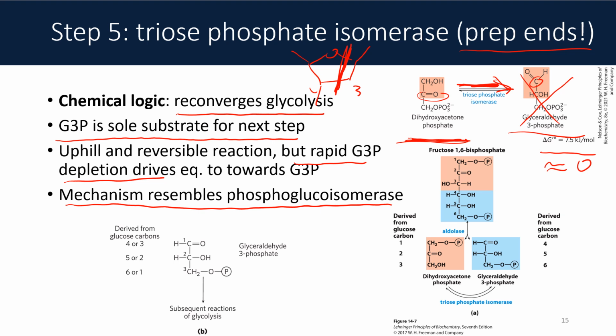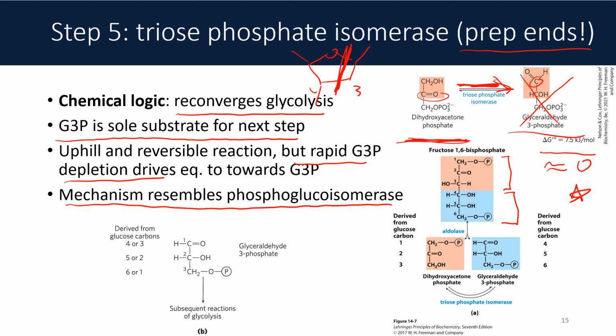Let's begin examining this graphic over here, which I think outlines it really well. In the linearized version of fructose 1,6-bisphosphate, we have the top portion, which is destined to become DHAP, split between 3 and 4, and the bottom portion is destined to become G3P. So we're going to move the red and the blue portions down after we use aldolase to cut.